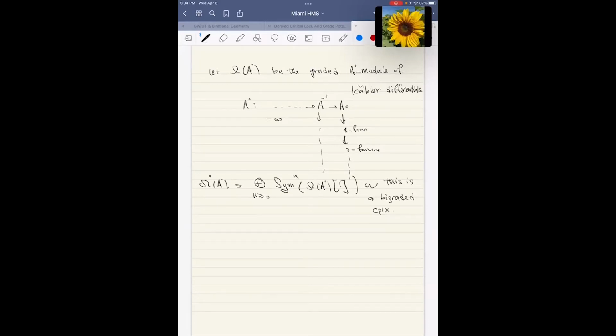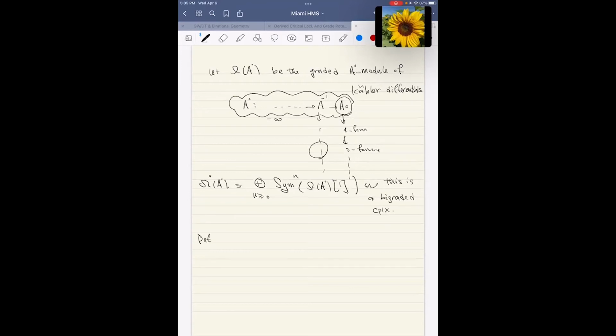Because it has the degree which tells me which homological degree I am in. I can have an n-form over A0 or an m-form over A-1. So there is the weight of the forms, which tells you which form I'm looking at. And then there is the degree, which tells me over which commutative algebra inside that DG algebra I'm constructing them. Okay, so that's a bi-graded complex.